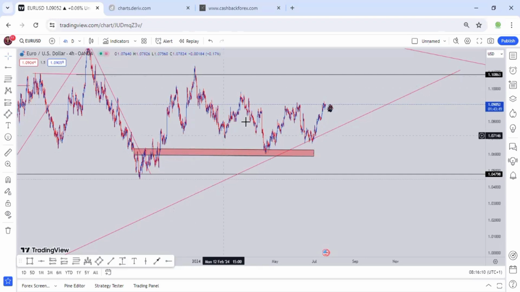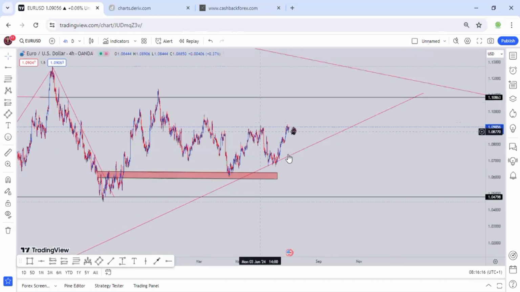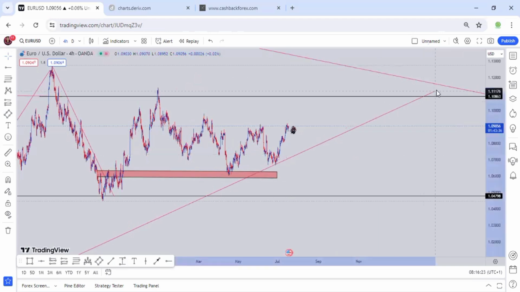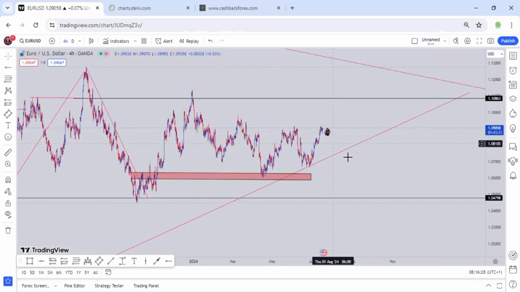So the market is already correcting for us to move higher, and also taps into this level, which is the higher time frame correction or counter trend line. So long story short, we are expecting a buy from this level to this level.